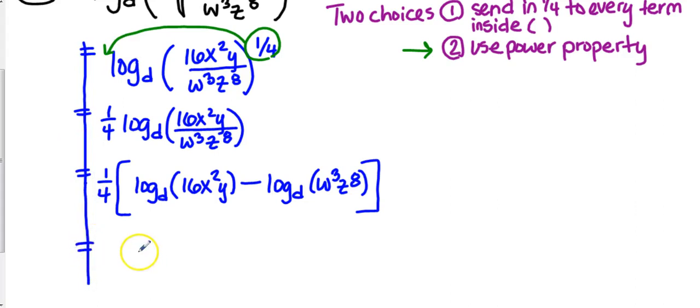So I've used my quotient property. What can I use next? 1/4 is still out here. Get my bracket going. Well, inside this argument, this is log base d of 16x squared y. This is a product, so I can apply the product property here.